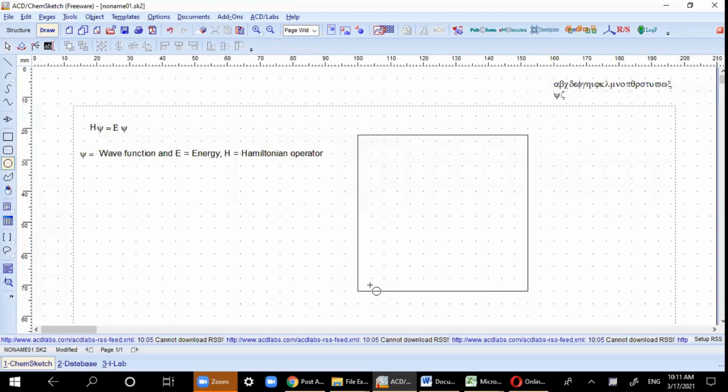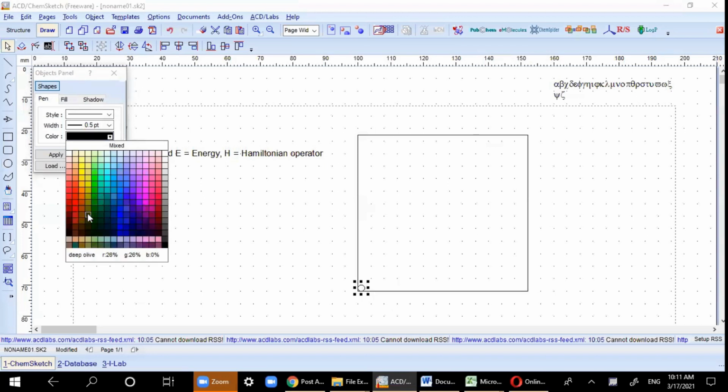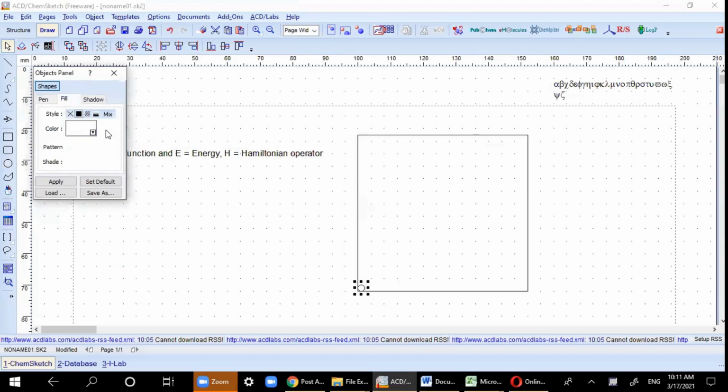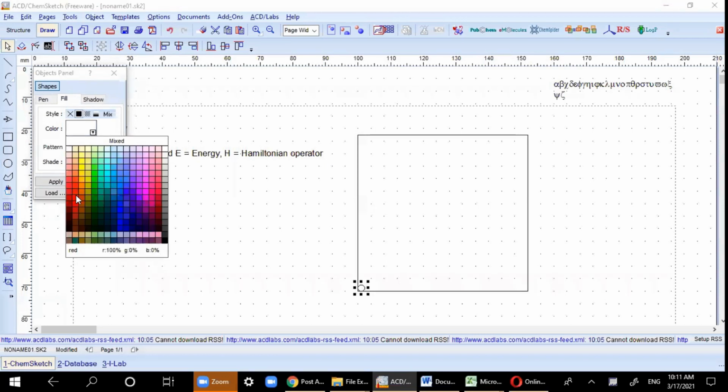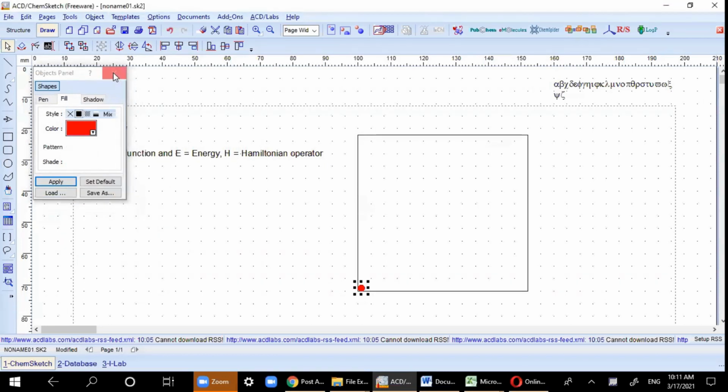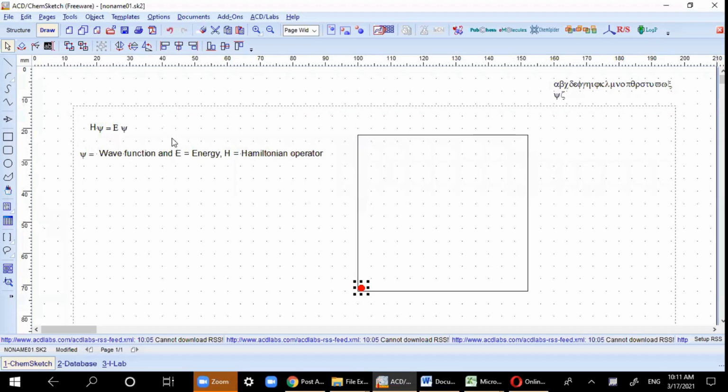Instead of writing text, I will make it a dot and fill it with red color. Now the electron is inside the box.